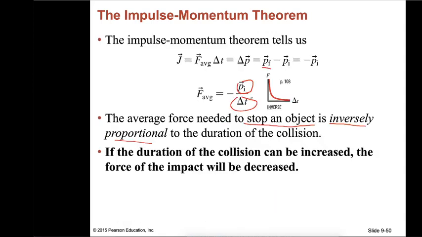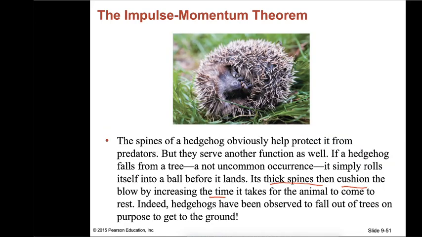When delta t is increased, the average force is decreased. So the animals are smart, they use their techniques to protect themselves. So do people. When we jump from a high position, we also bend our knees to protect ourselves. We don't keep our legs straight because that will hurt our legs and body.